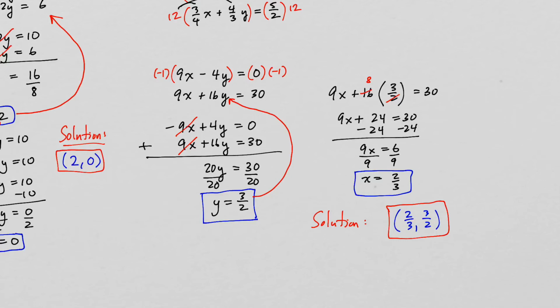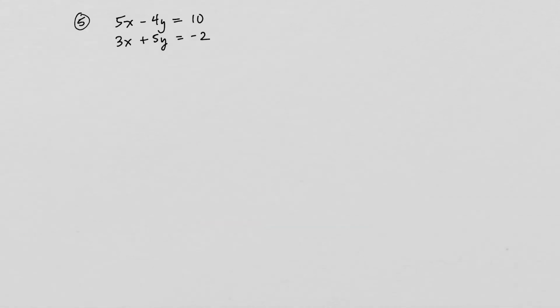Now, substitution can be a little bit more complicated, especially if your x and or your y does not have the same number in front of it. So let's look at one more example. Consider this system: 5x minus 4y equals 10, and 3x plus 5y equals -2.